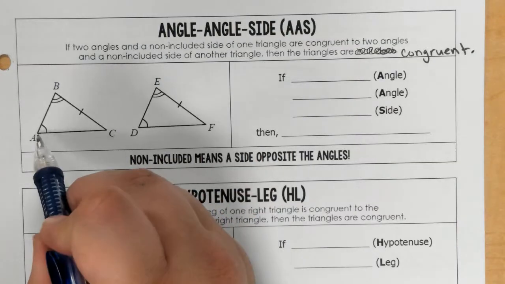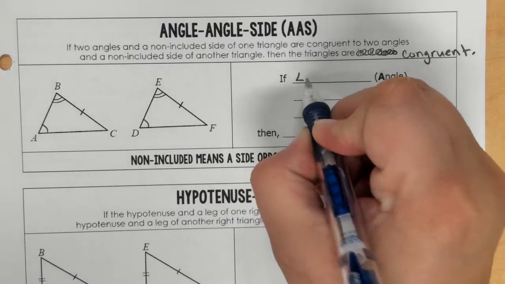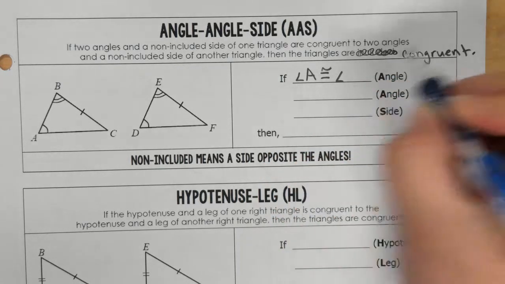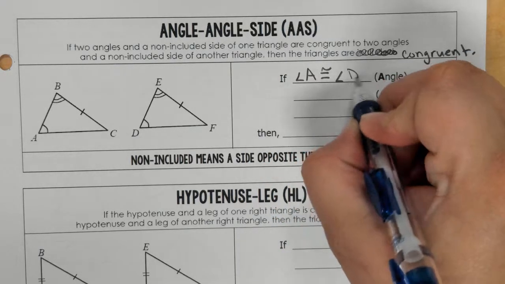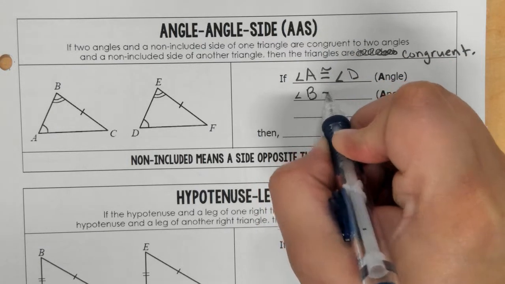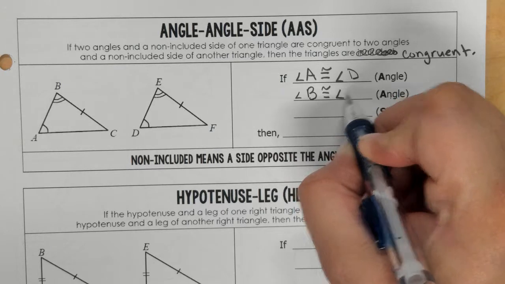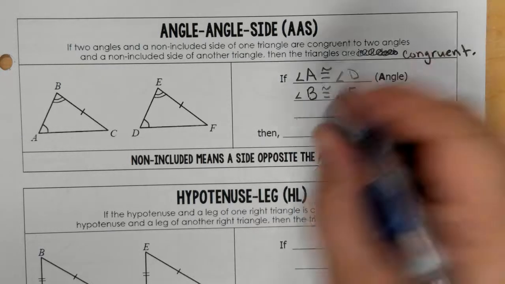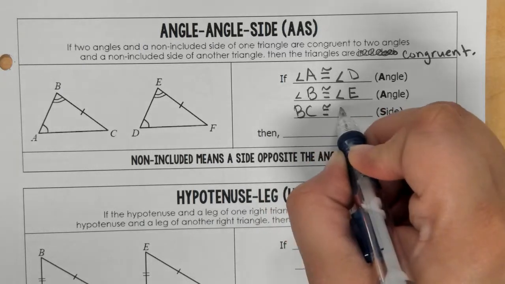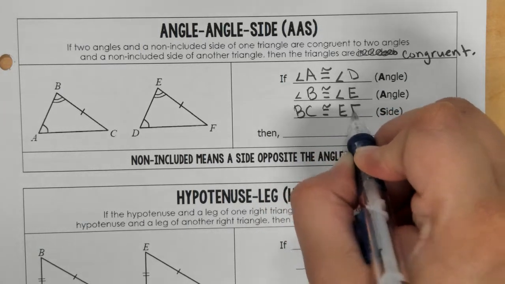So let's match them up. Angle A is congruent to angle D. The next angle would be angle B is congruent to angle E. And then we could say that BC is congruent to segment EF.